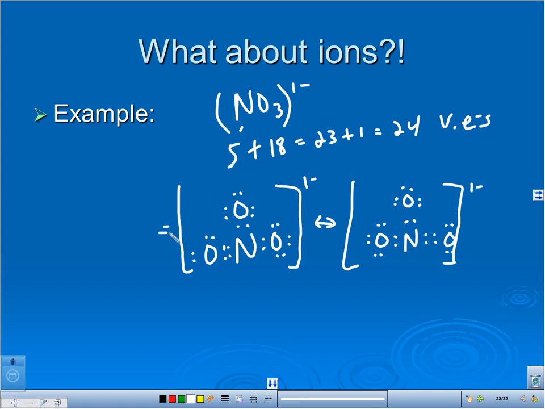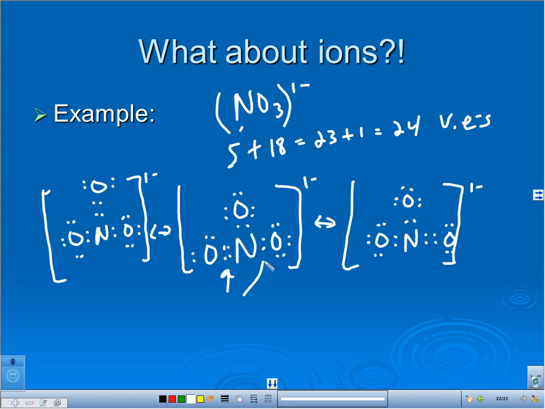Another valid Lewis structure would be the top oxygen to have the double bond. So there are three valid Lewis structures, and resonance happens when you have more than one possible place for that double bond, and you just pick one of the places, but in reality there's more than one place.